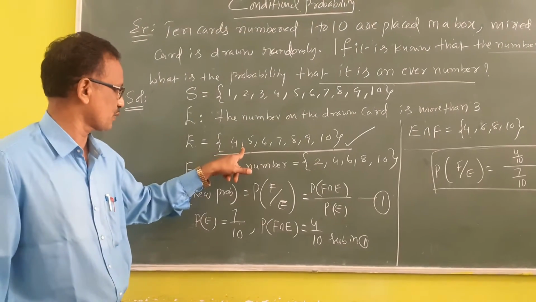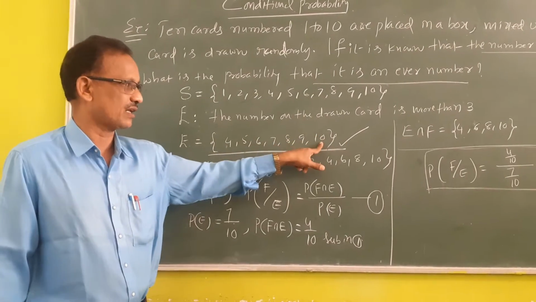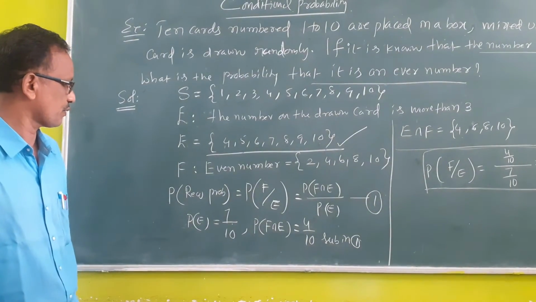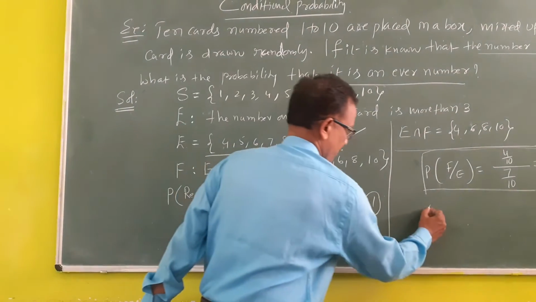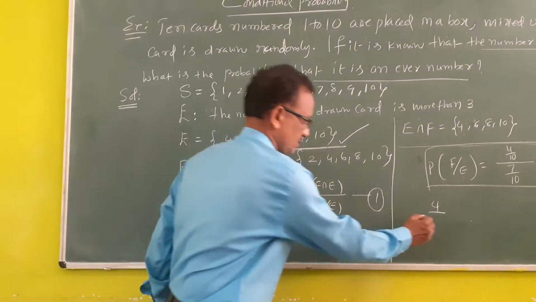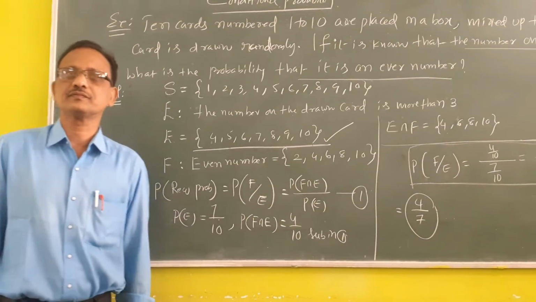So in E: 4, 6, 8, 10. How many are there? 4. How many elements are in E? 7. So like this also we can find the required probability.